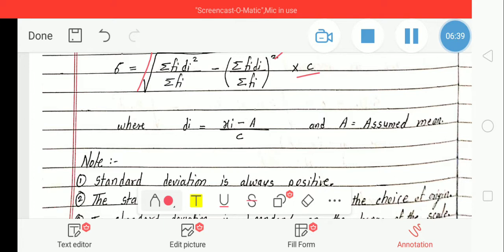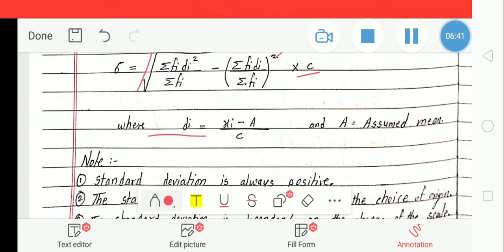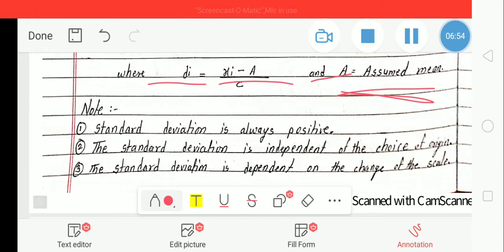Now here di is equal to (xi minus a) divided by c, and a is the assumed mean.